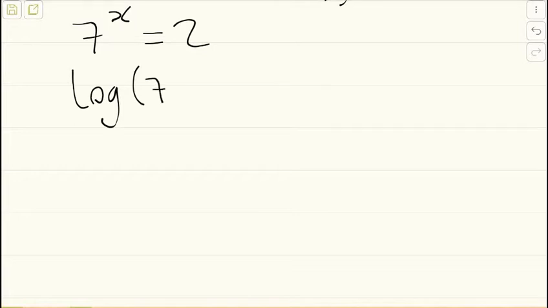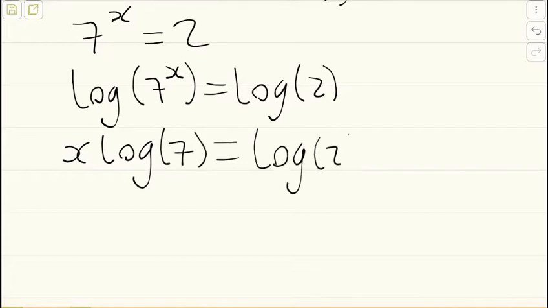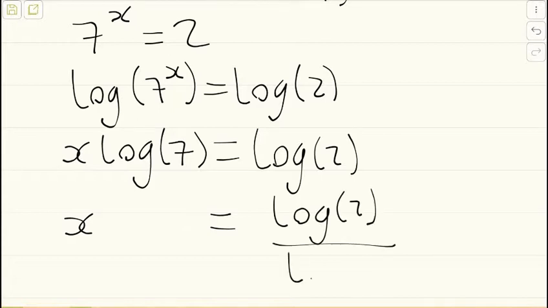Log of 7 to the x equals log of 2. Again, remember, log means log to the base 10. Again, using my power law, I have x log 7 is equal to log of 2. And then I have that x is equal to log of 2 over log of 7.